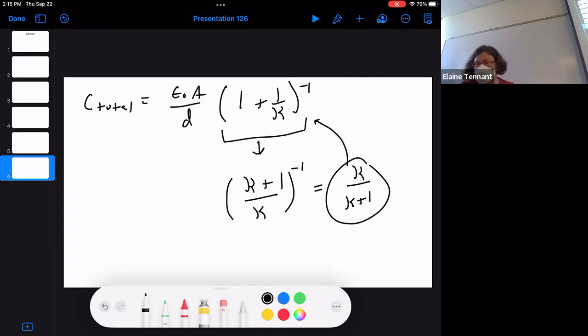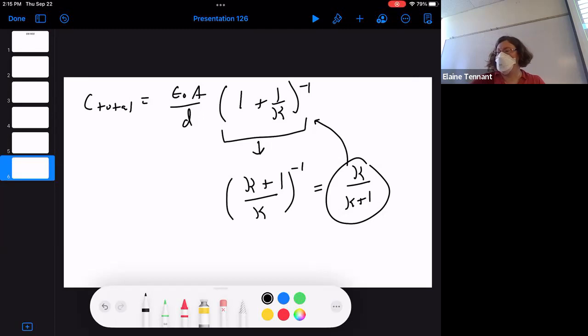But either is mathematically correct. Okay, does that make sense? Kind of happy with that idea? Okay, so that is how you add capacitors in series and in parallel. Any questions about adding capacitors in series or parallel? Everyone pretty happy.